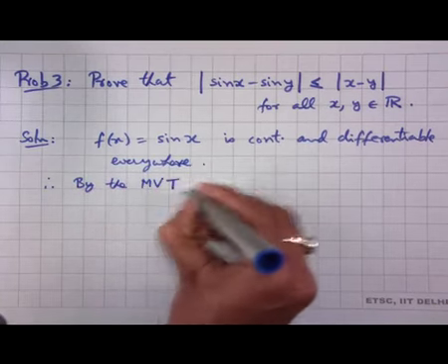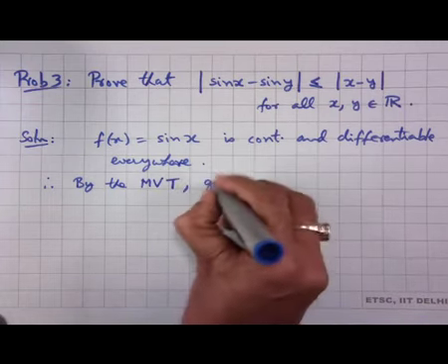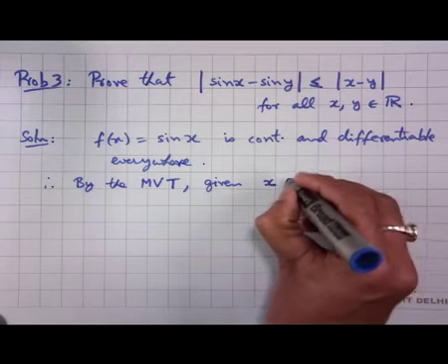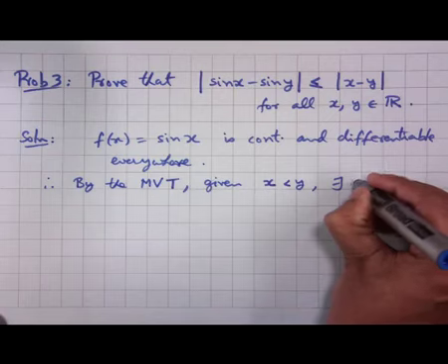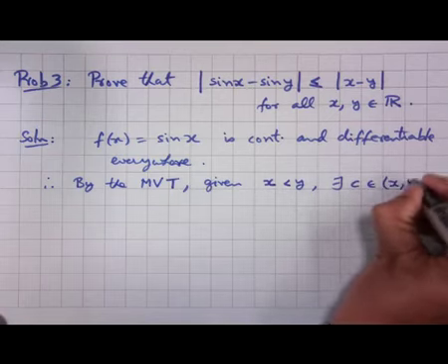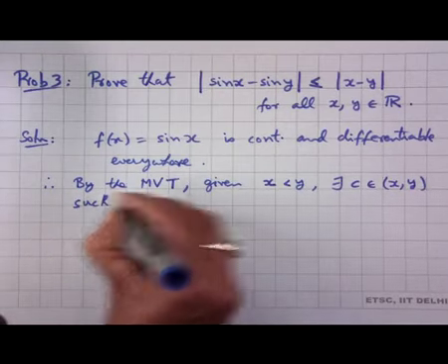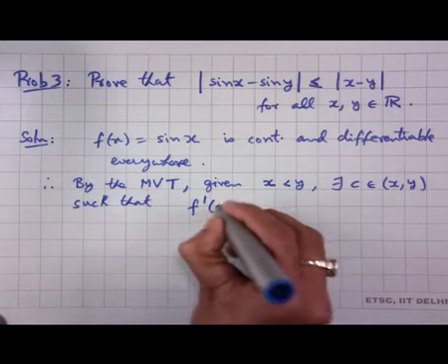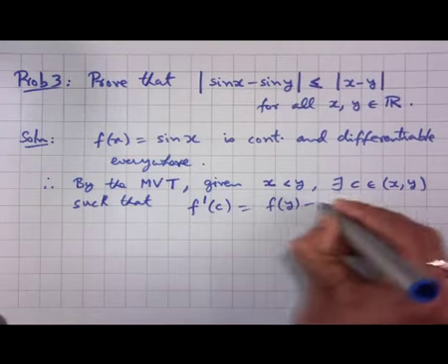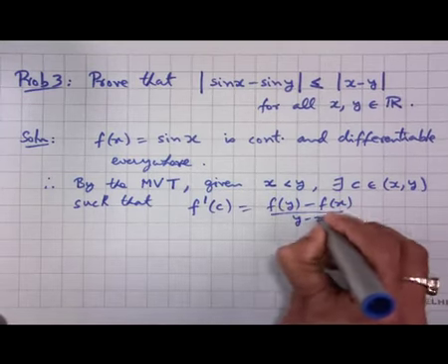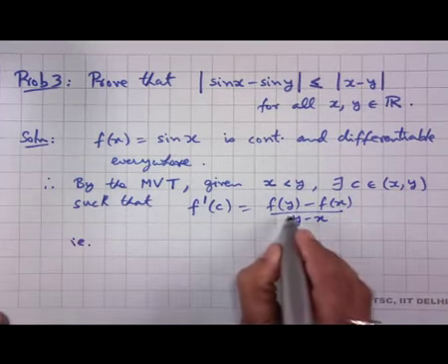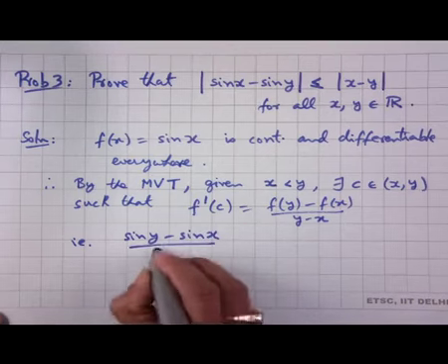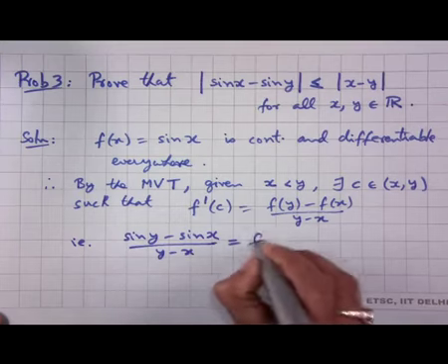By the mean value theorem, given any x less than y, there exists some c in the open interval x to y such that f prime of c is equal to f of y minus f of x divided by y minus x, that is, sin y minus sin x divided by y minus x is equal to the derivative f prime at c.